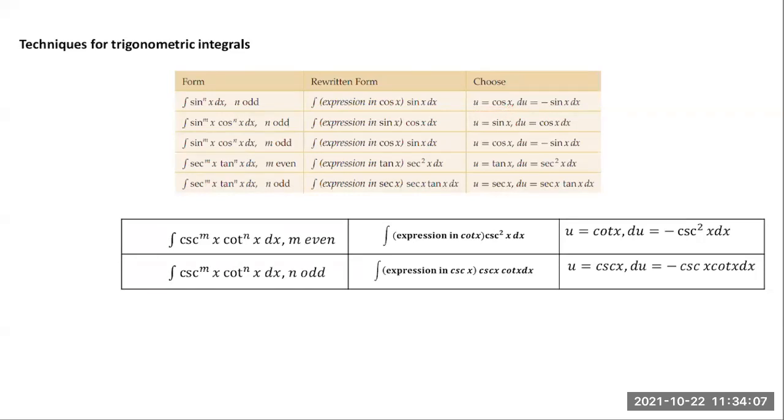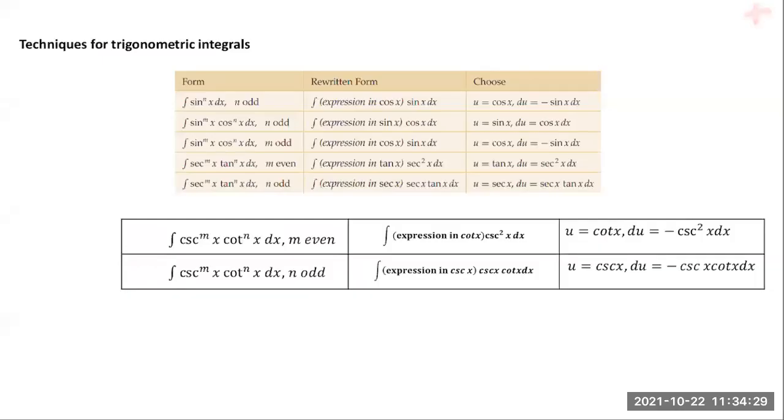If you have an integral of this form, the integral of sine to the power n of x dx, n is the power, with n odd, then you need to rewrite this integral in this form.